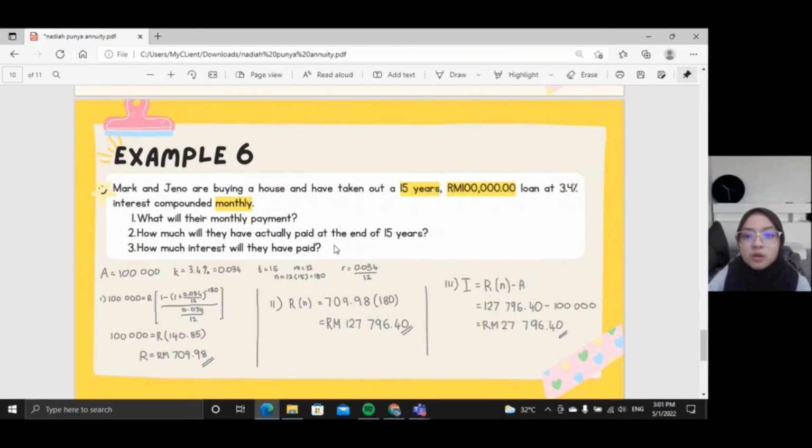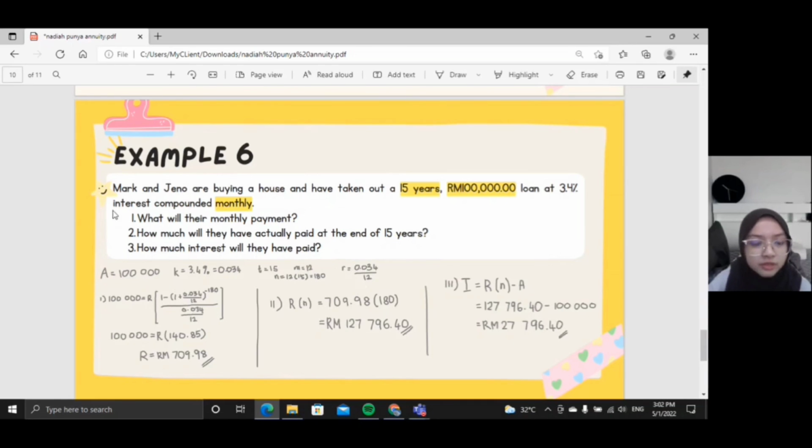So A is 100,000 ringgit, and then K is 3.4, we convert it to 0.034, and then T here is 15 years, and then M is compounded monthly, 12, and we will get 12 times 15, which is going to be 180, and then R is 0.034 from the K, divided by M, 12.